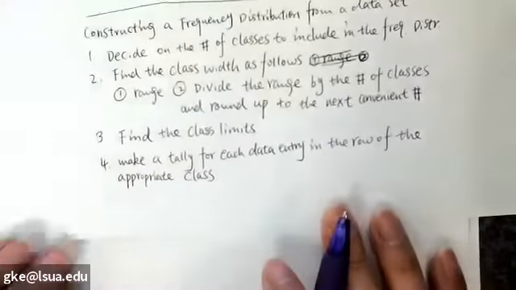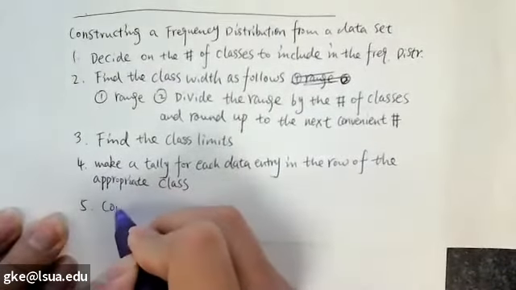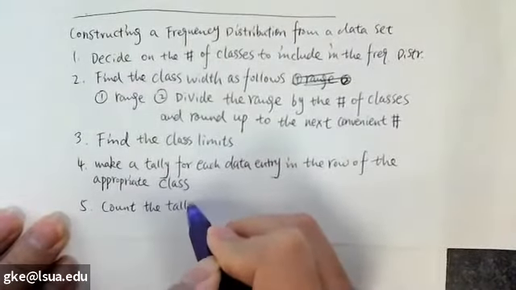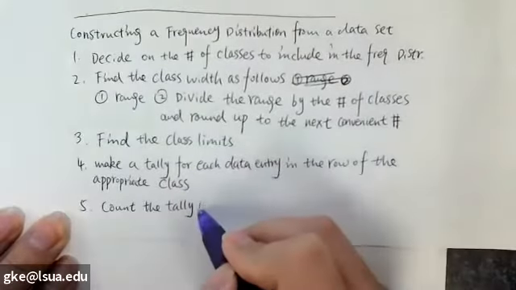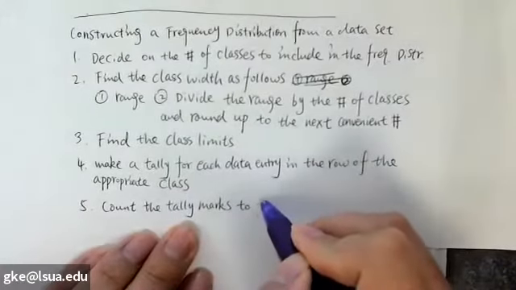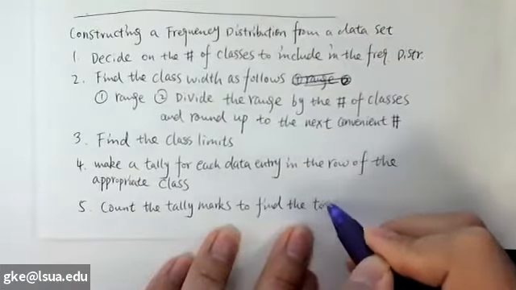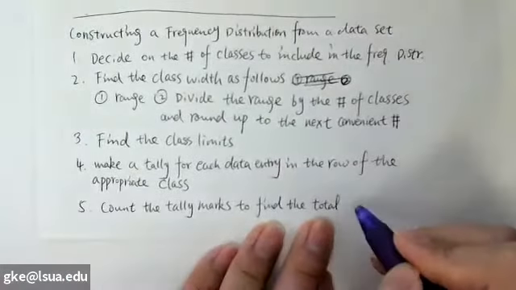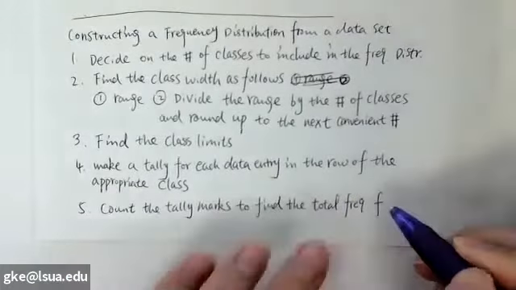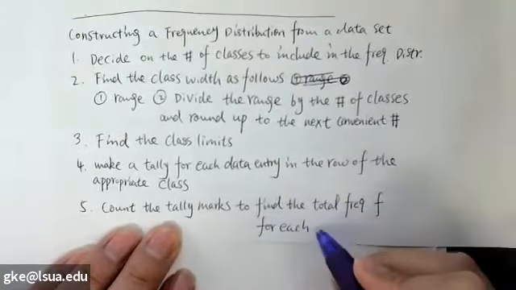Then count the tally marks to find the total frequency F for each class.